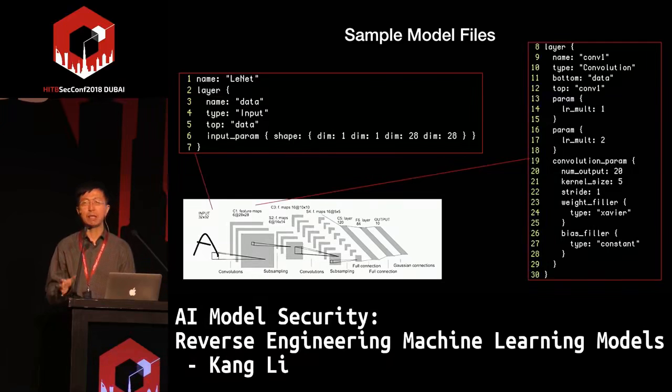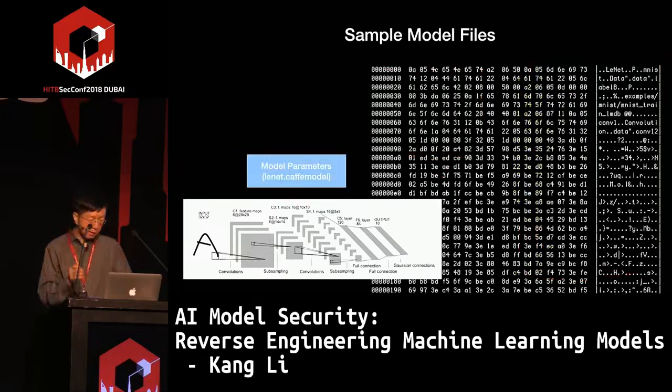But when you train a model, when you get lots of data and run through your training, there's usually a more important file. Not only is the topology important; when you have data and train it, what you get eventually is a parameter file. So this is the second file I got from the MNIST dataset.